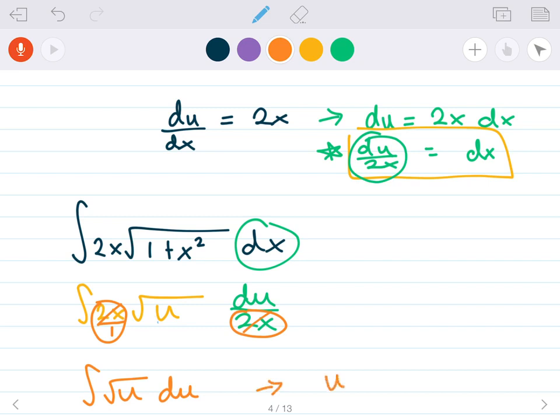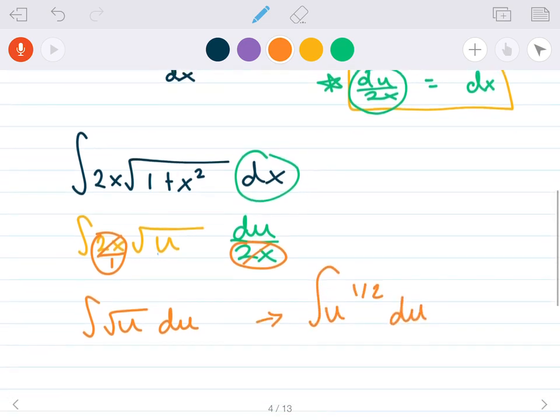Because this is u to the 1/2 du. So this is an indefinite integral, so I just use the rule that we've been using. I add 1 to the exponent and divide by that number. Well, if I add 1 to 1/2, I'm just going to get 3 over 2. If I divide by 3 over 2, that's the same thing as multiplying by 2 over 3.